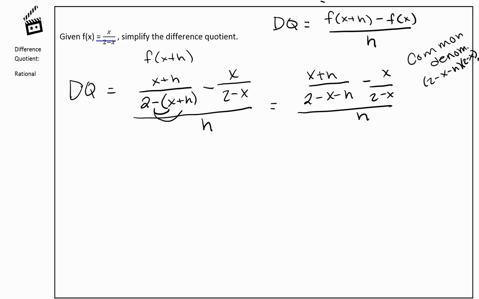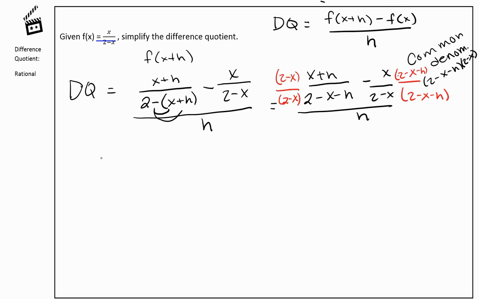So this first fraction we need to multiply by 2 minus x over 2 minus x. And this second fraction we need to multiply by 2 minus x minus h over 2 minus x minus h.